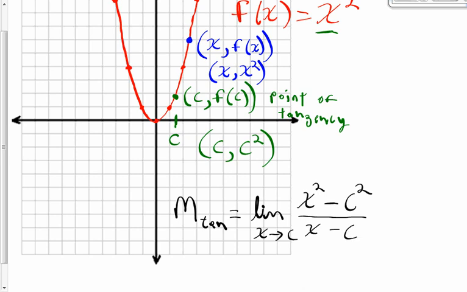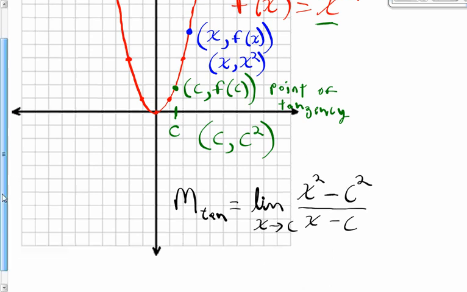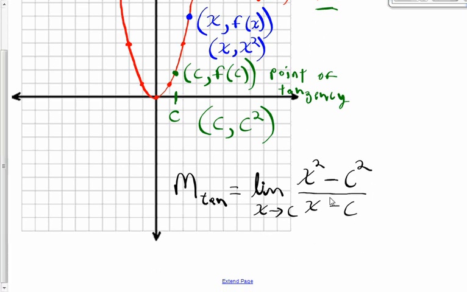As you can see, it's just the y value here minus the y value here divided by the x value here minus the x value here, and we take the limit as the two x values get closer together. The limit as the second x value gets closer and closer to the first x value. So we get this here. We can calculate that limit.